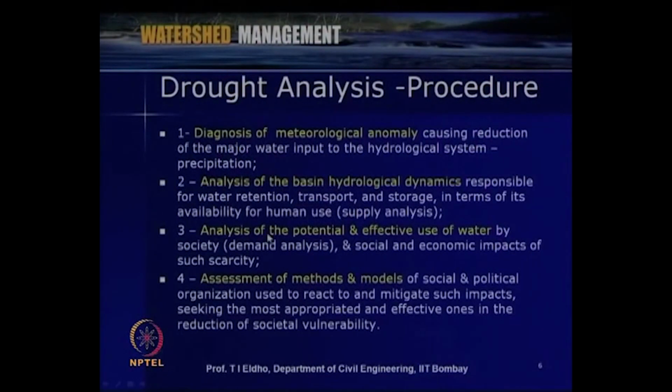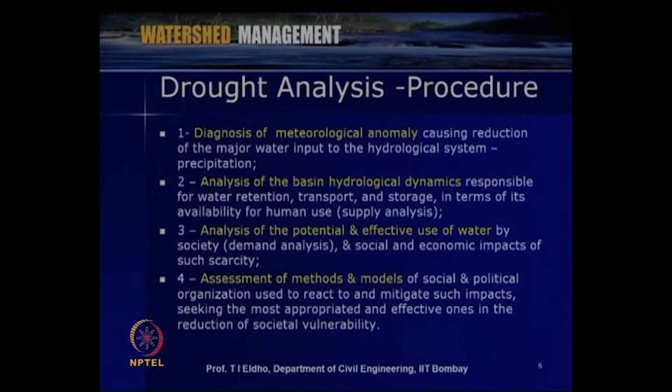Then the third step is analysis of the potential and effective use of water. Here we have to do the demand analysis and see the social and economic impacts of water scarcity. Even with less available water, as in drought conditions, if we can do appropriate demand analysis and use less water, we can still deal with the drought.